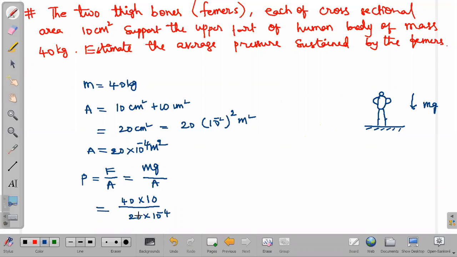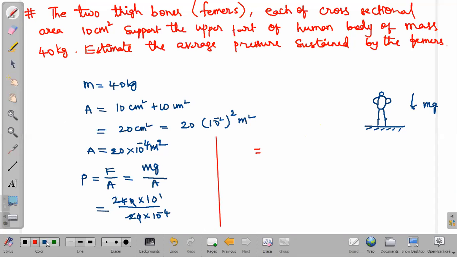Now this 0 and this 0 cancel, 2 and 2 are there. And 10 to the power of minus 4, if it goes up, becomes 10 to the power of plus 4, and next 10 to the power of 1. So total it will become 10 to the power of 5. So already 2 is there, right?